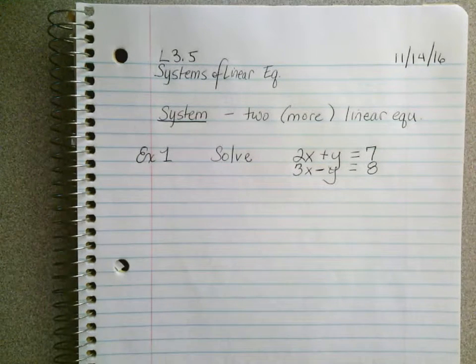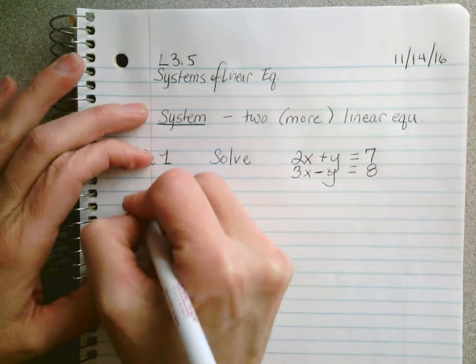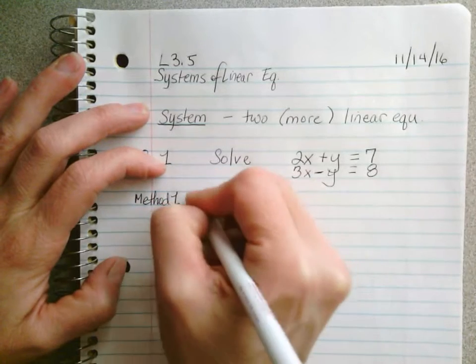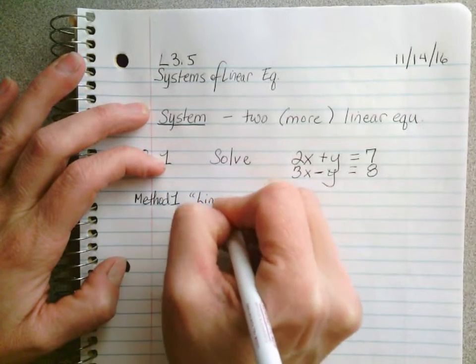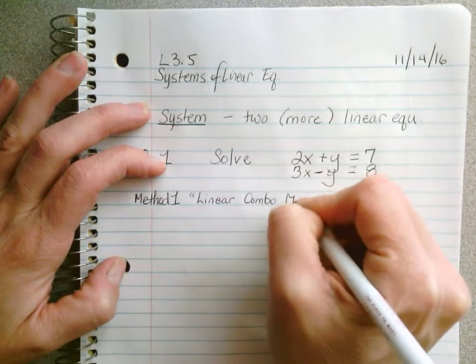There are a few different ways that you can solve systems, and it really depends on what you're given. I really like the method I'm about to show you, and that we'll call method 1. We'll call it the linear combination method.